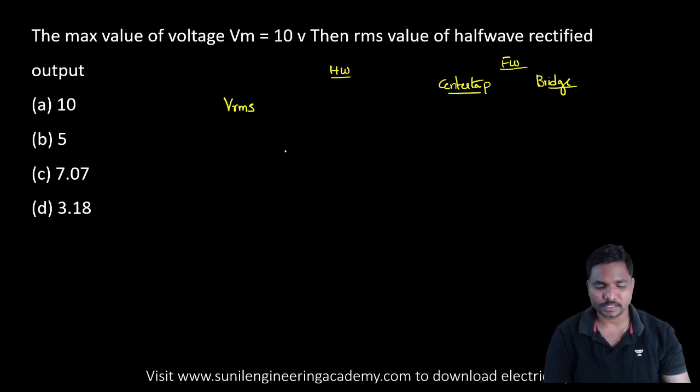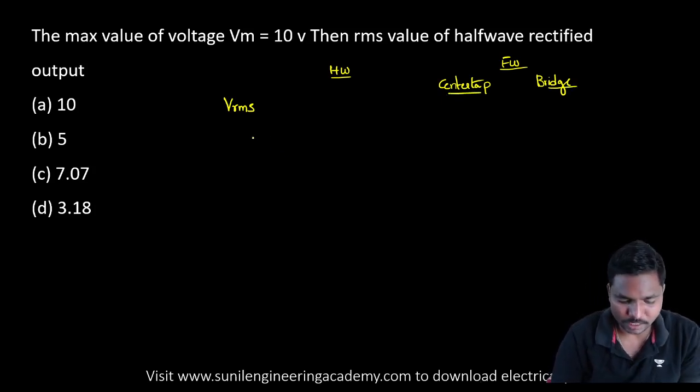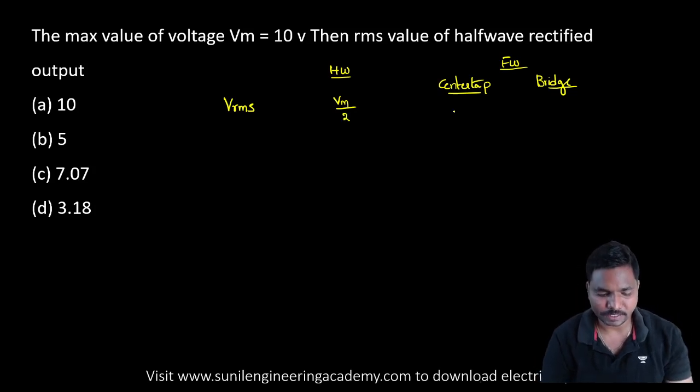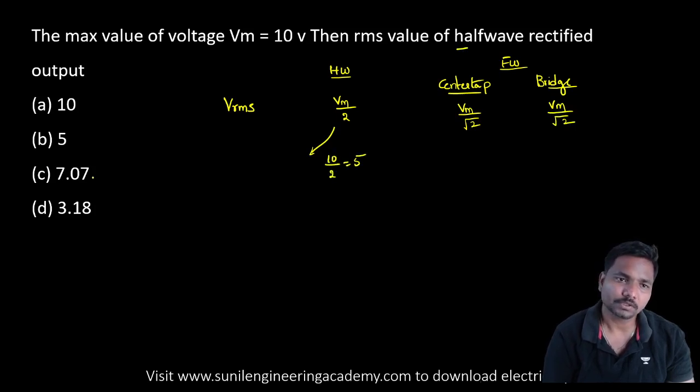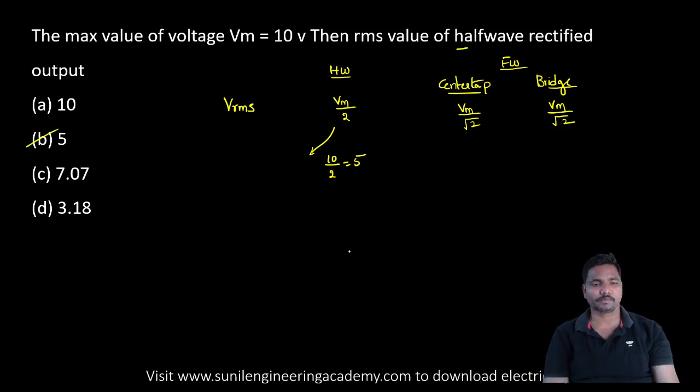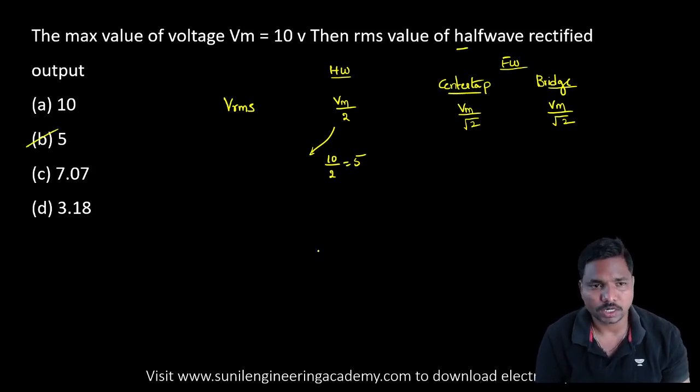In a half wave rectifier, RMS is equal to Vm by 2. In center tap and bridge rectifier, both are the same, Vm by root 2. They are asking for half wave rectifier, that is Vm by 2, that is 10 by 2. So the answer is option B.